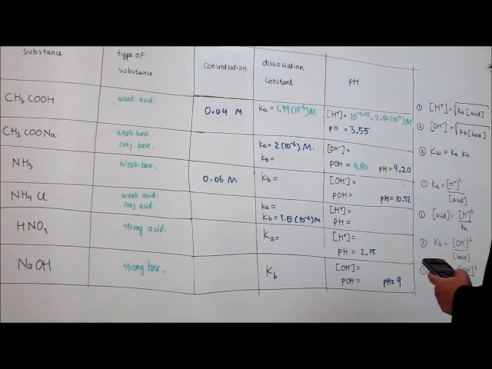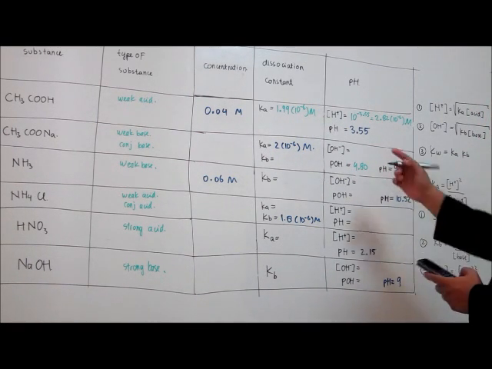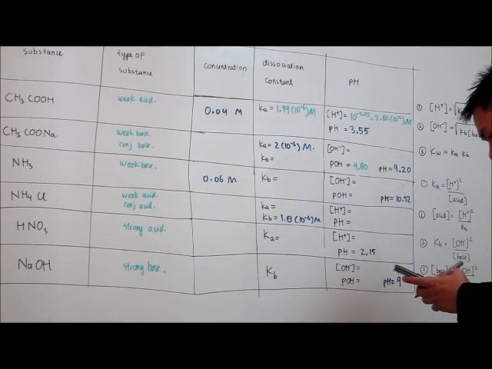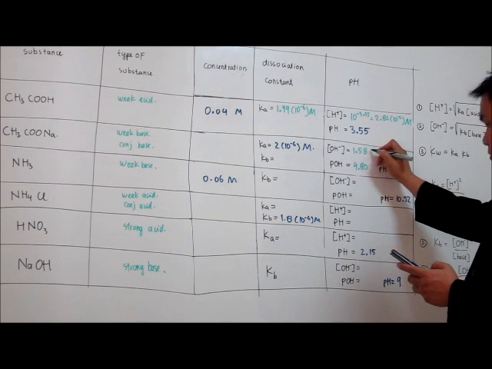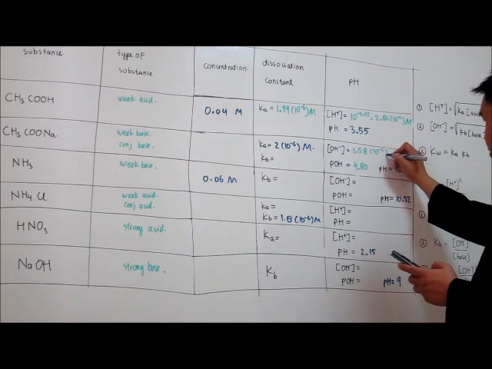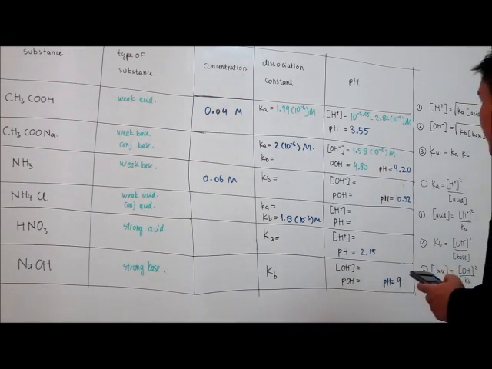Concentration of OH minus is 10 power negative 4.80, which is 1.58 times 10 power negative 5 mole per dm cube.